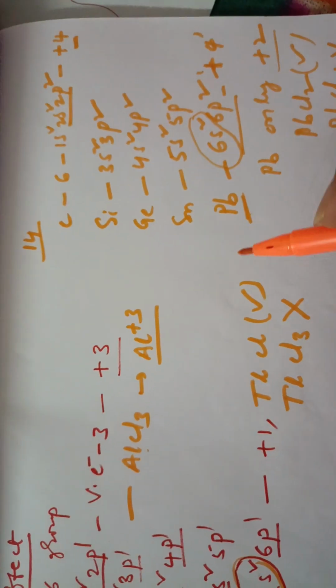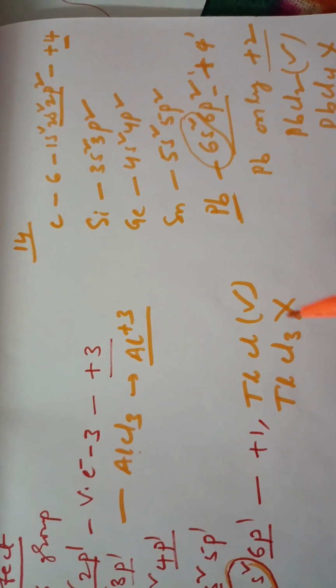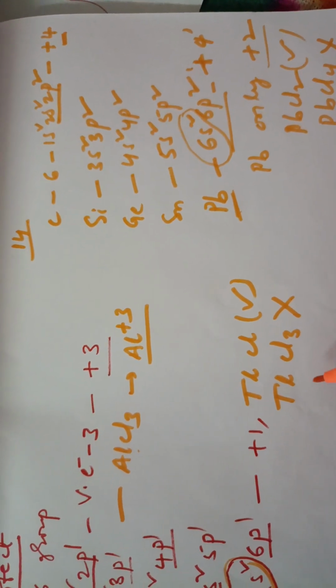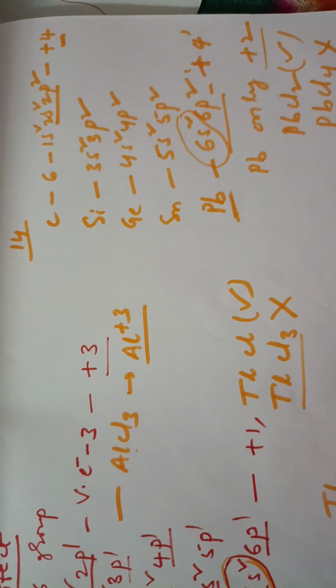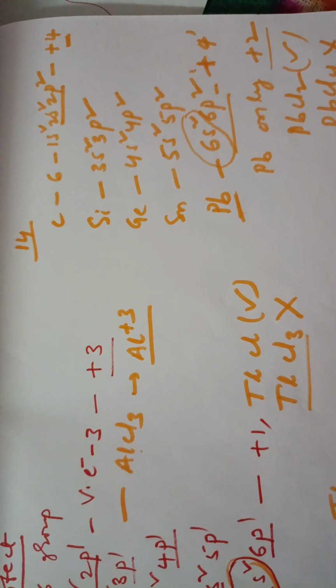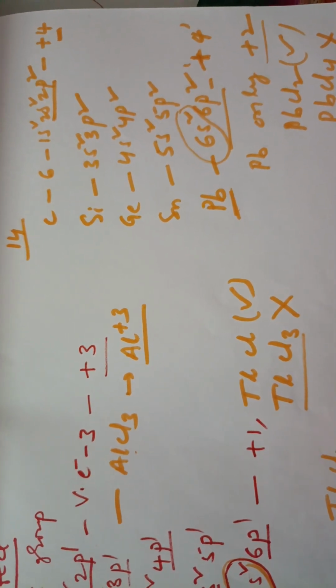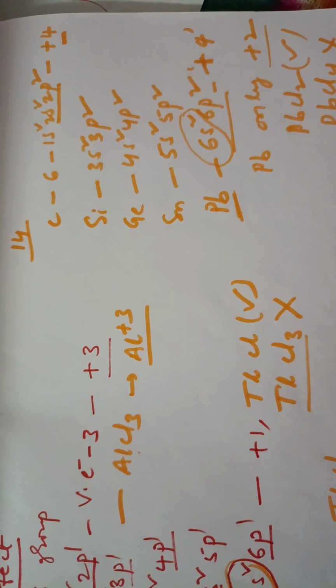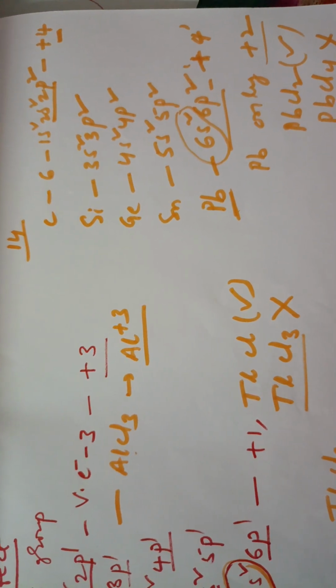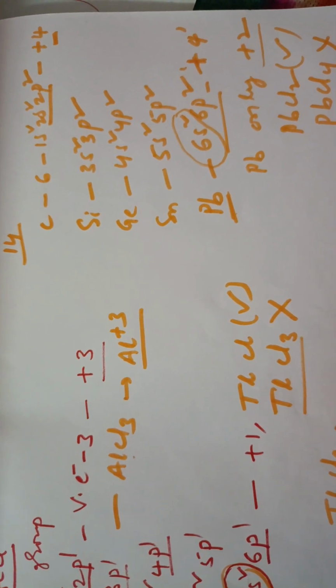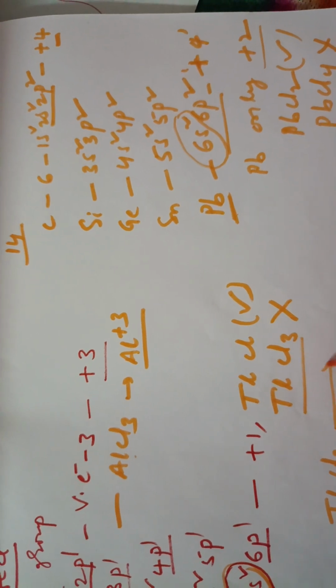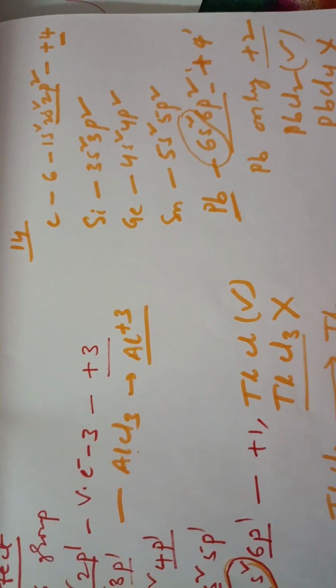One more thing. Suppose there is thallium chloride, suppose it forms TlCl3, although it forms TlCl3, it is unstable. It converts to TlCl.